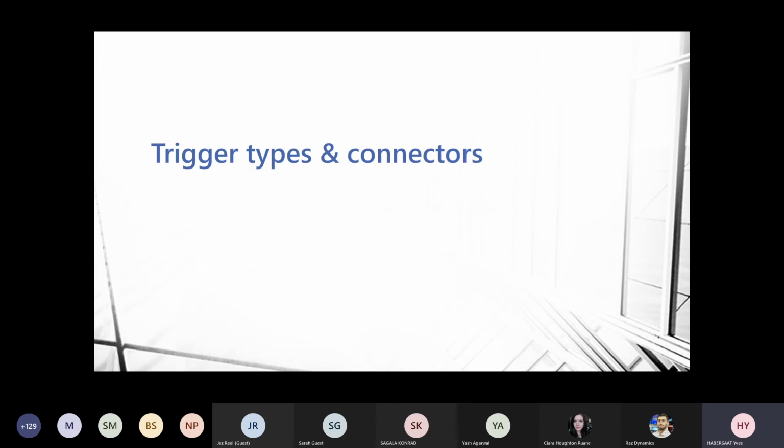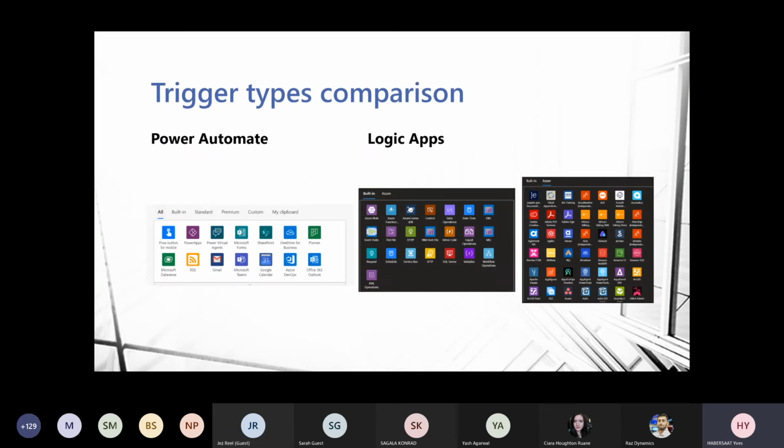Now, trigger types and connectors. Between Power Automate and Logic Apps, you don't have the same trigger types. As I mentioned before, Power Automate is more focused on personal productivity and application development with automation. Power Automate has simpler triggers, for example the Power Apps trigger to trigger a flow inside your Power Apps.